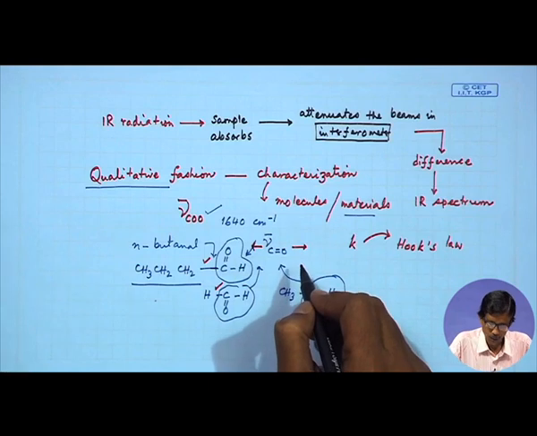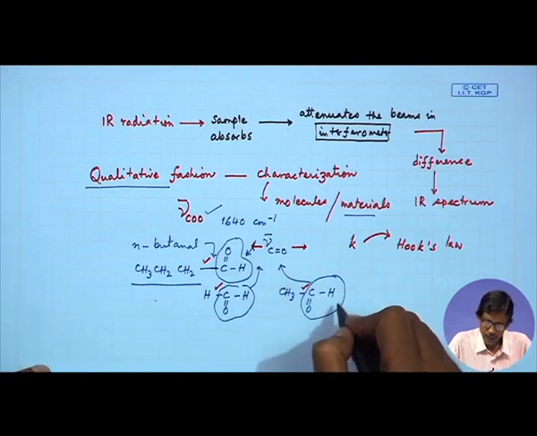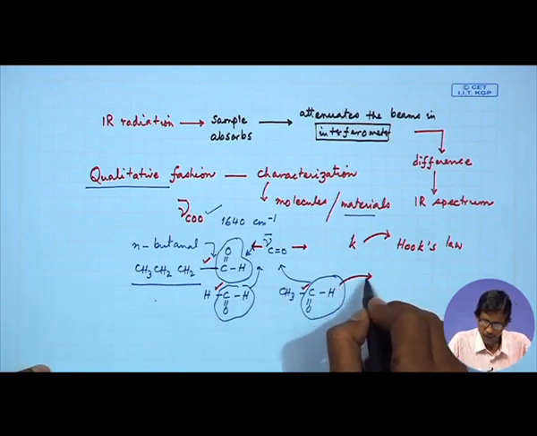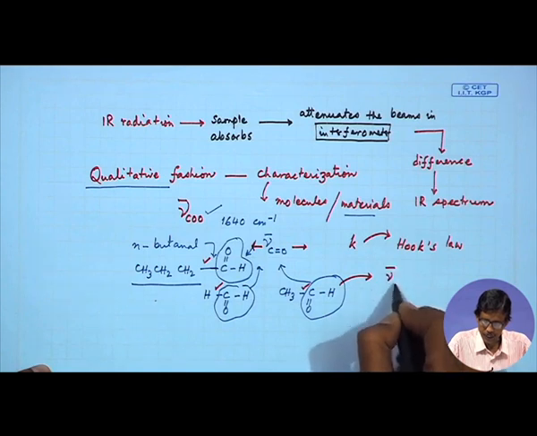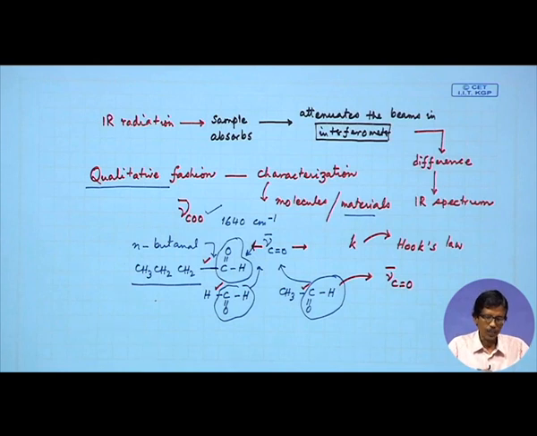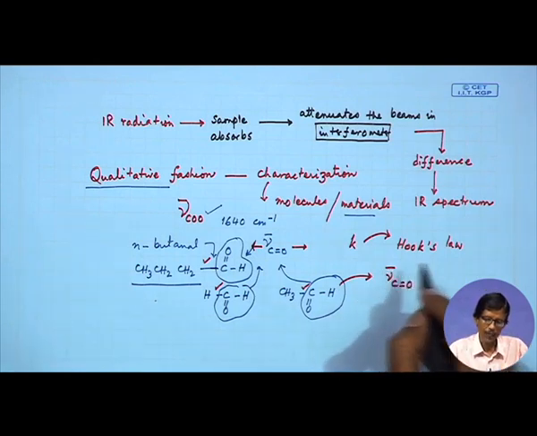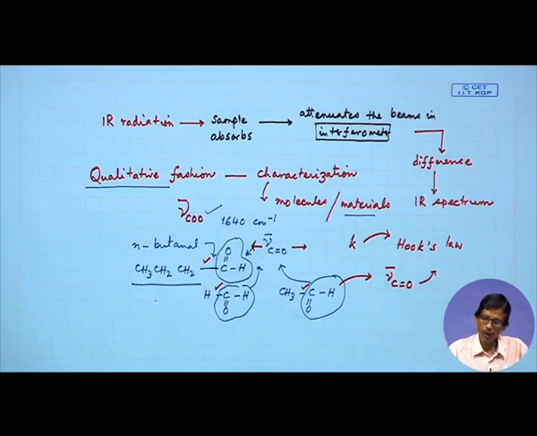So, when we tabulate this, this particular stretching frequency will be very much characteristic for your carbonyl function. So, the tabulation of this group will definitely be attached to the corresponding functional group characterization. So, this is also helpful to give us the corresponding functional group characterization.